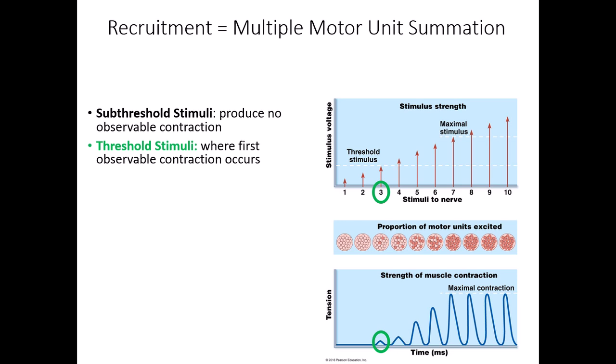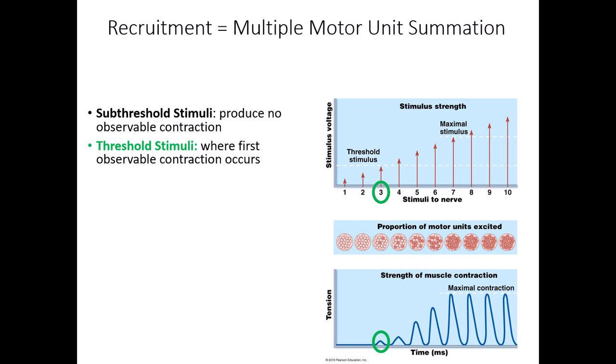So the stimulus at 3 is our threshold stimulus. It was the amount of voltage required to cause a visible contraction, to get some of those motor units to become active. And then 4, you can see, is above our threshold, as are 5 and 6 and 7.